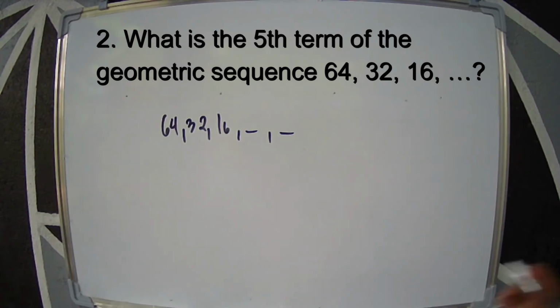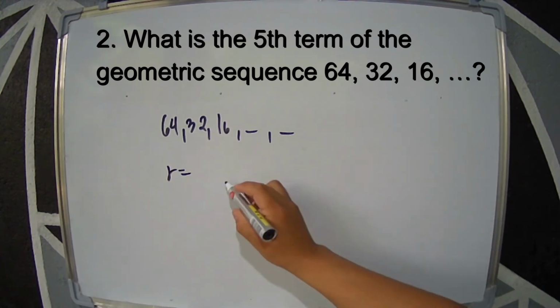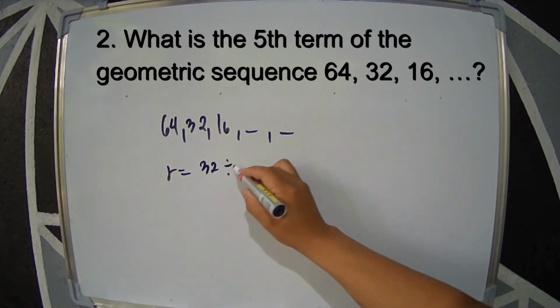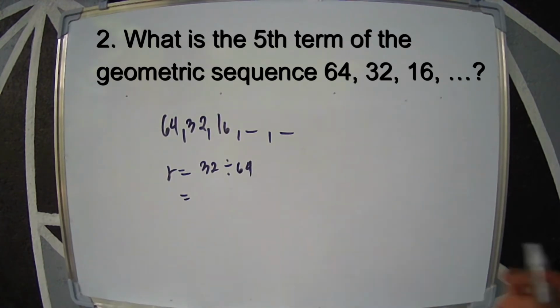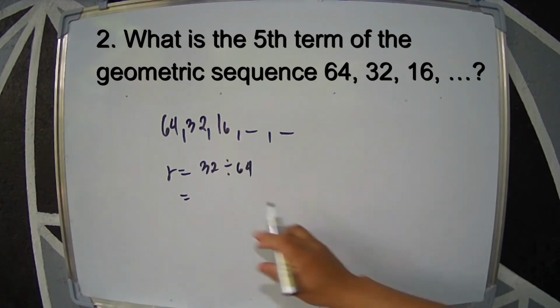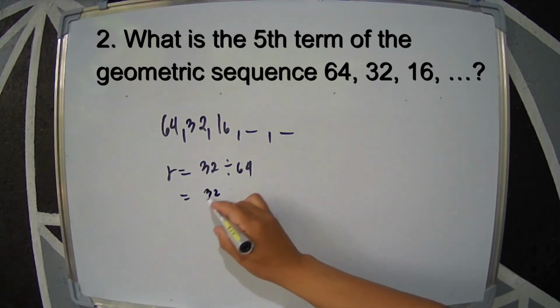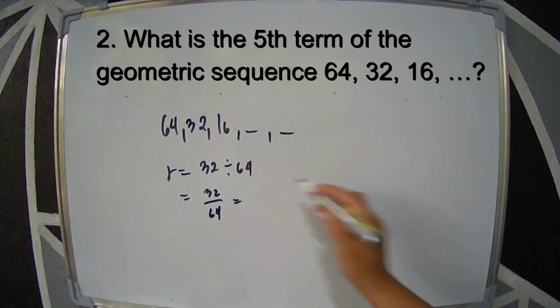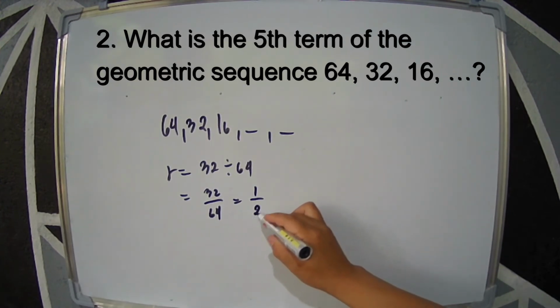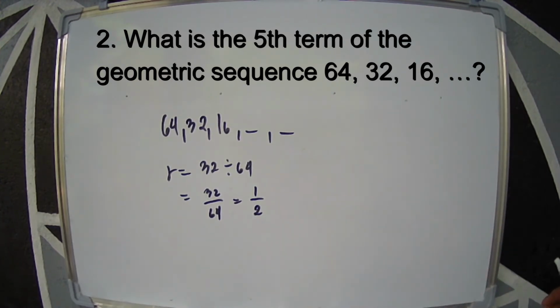Given that the first term is 64, let's get the common ratio. That's 32 divided by 64, or in fraction, 32 over 64, which is the same as 1/2. So the common ratio is 1/2.